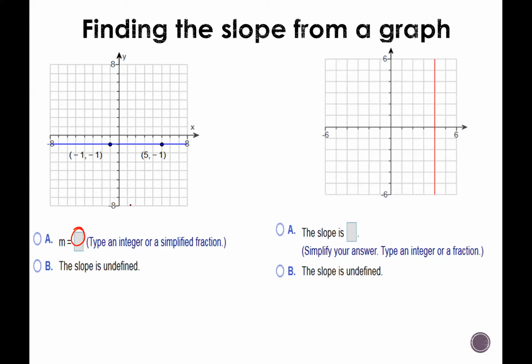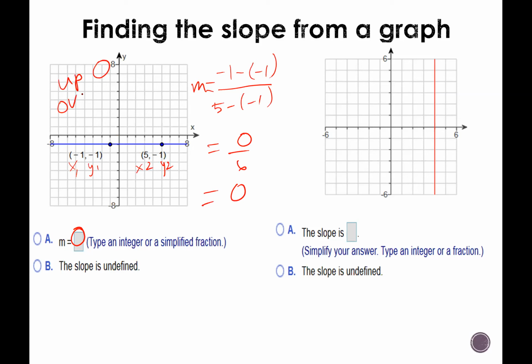No need to really show any work if you just remember that horizontal lines have a slope of 0. Or if you plug in, here's what your formula would look like. x1, y1, x2, y2. -1 minus -1 over 5 minus -1. That would be 0 over 6, which is 0. Or if I were to count rise over run, I'm going up nothing.